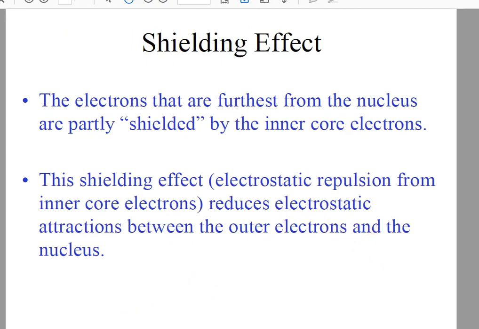These electrons that are further from the nucleus do not experience the same attractive force to the nucleus because they are shielded by those inner electrons. You have the nucleus that's positive, and then you have a negative electron on the first ring, and then some more negative electrons on the second and third ring.